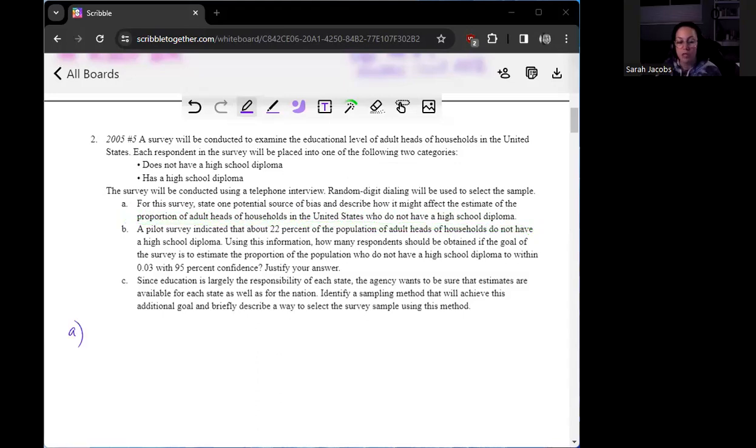Okay, so lots of correct answers could show up here. And it's important to note this is from 2005. Far fewer people have landlines and far fewer people answer calls from unknown numbers or can even tell that it's an unknown number.